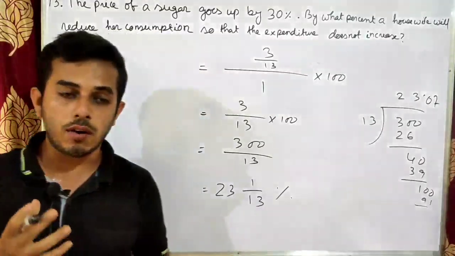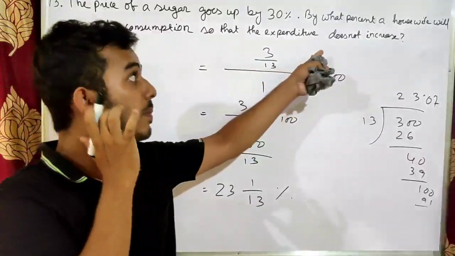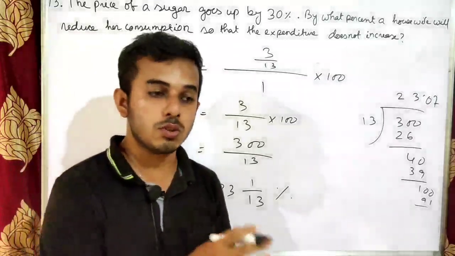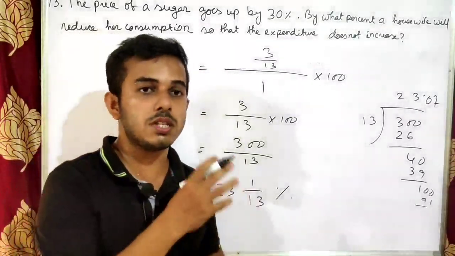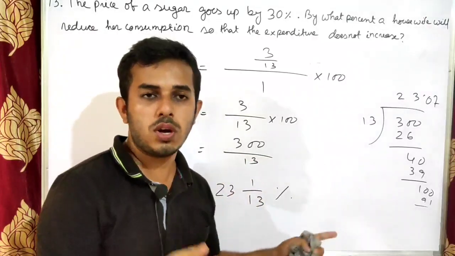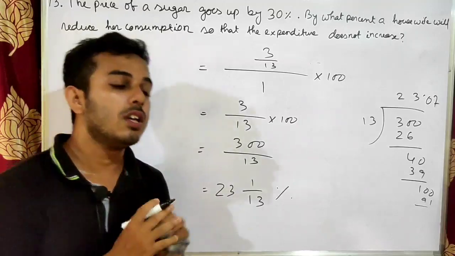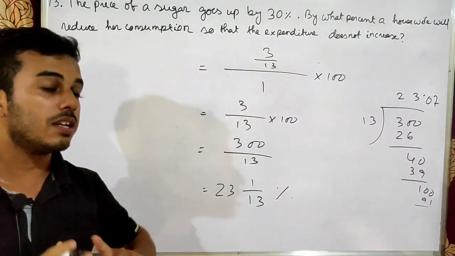Now we have to find the percentage decrease, how much she has to reduce. Reduction in consumption is 1, earlier she used to get 1 kg, now she is getting 10 by 13 kg, so after subtracting it becomes 3 by 13. Clear? After that we have to convert it into the percentage, that is the decrease percentage.